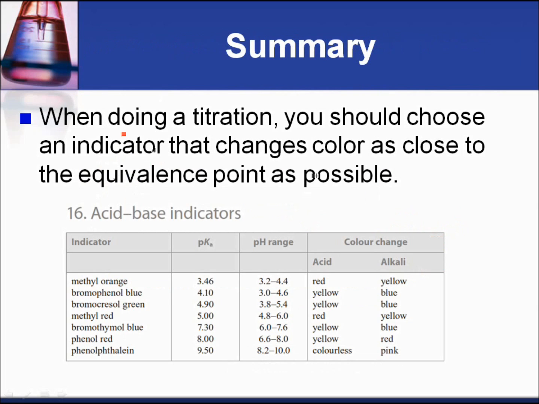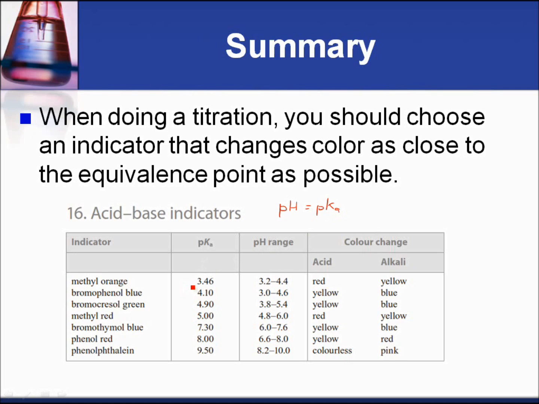So the summary: when doing a titration, you should choose an indicator that changes color as close to the equivalence point as possible. In the data booklet you're given the list of indicators, and remember the end point is where the pH is equal to the pKa.